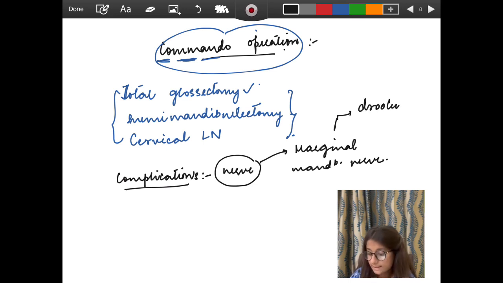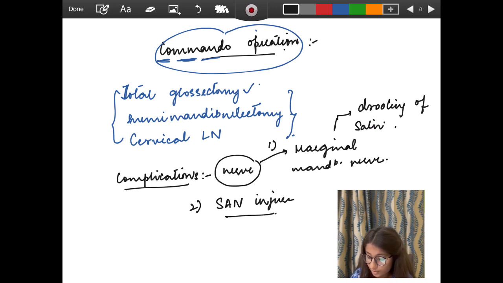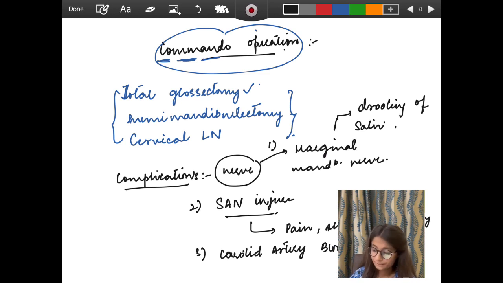The second complication is injury to the spinal accessory nerve, which will lead to pain and shoulder dystrophy. And the third complication that can occur is carotid artery blowout. So thank you.